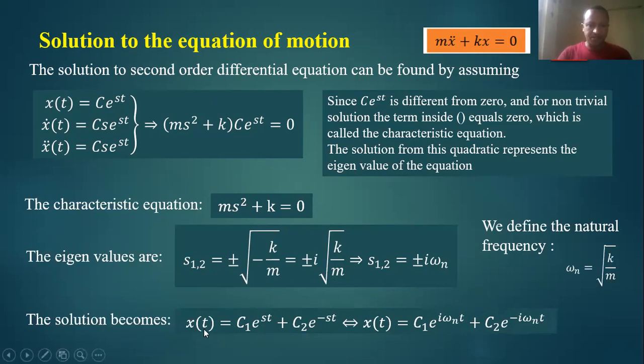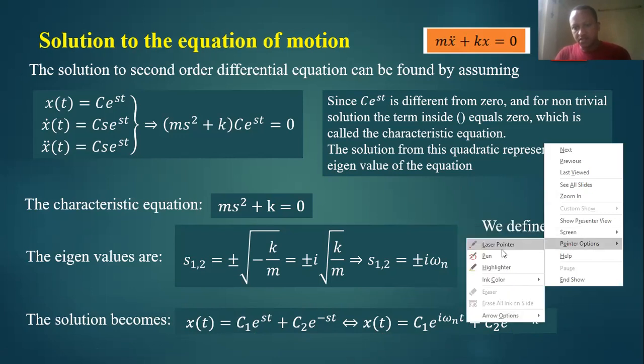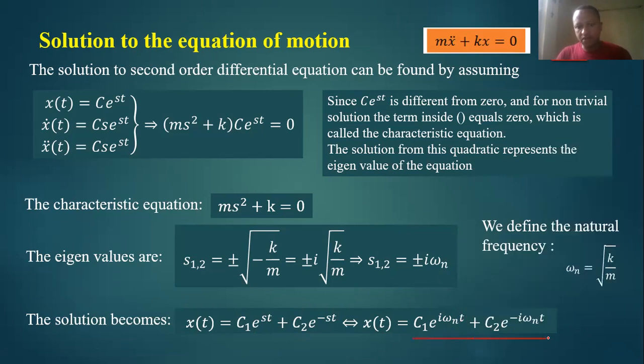So x of t is equal to C1 e to the power of st plus C2 e to the power of minus st. This represents s values of plus or minus i omega n. We substitute this, and finally we get this equation. Okay, let me use some highlights. So this is our x of t.